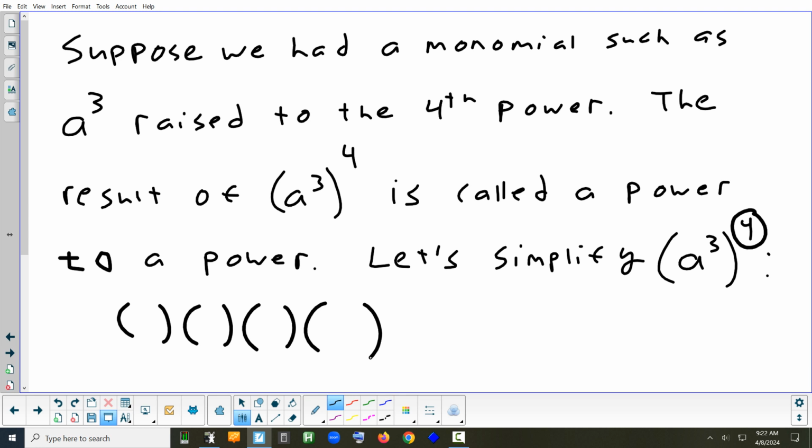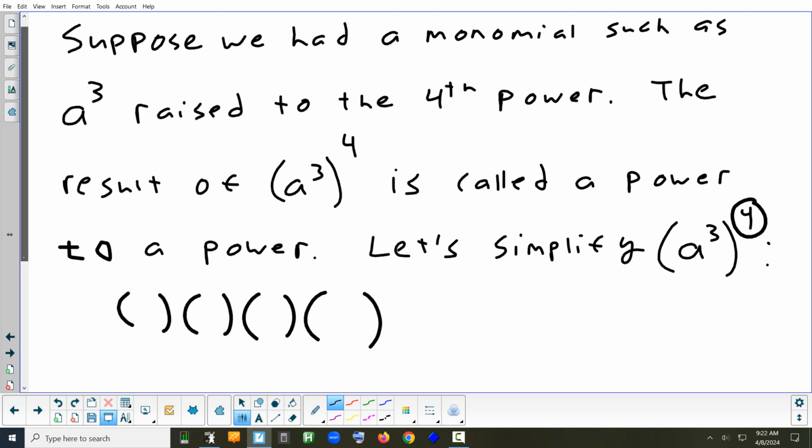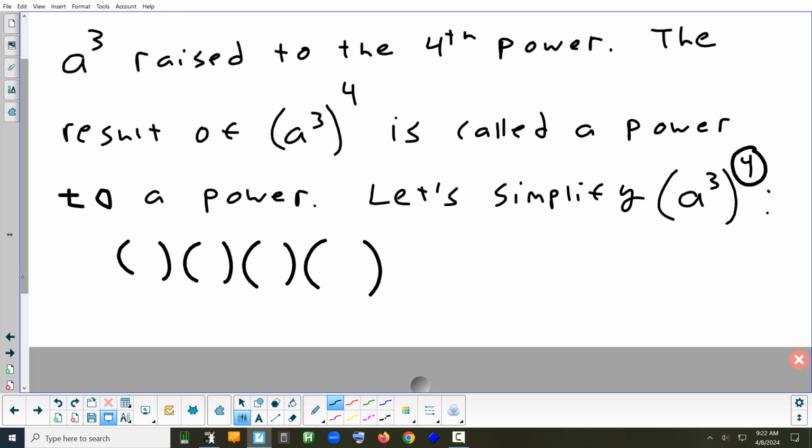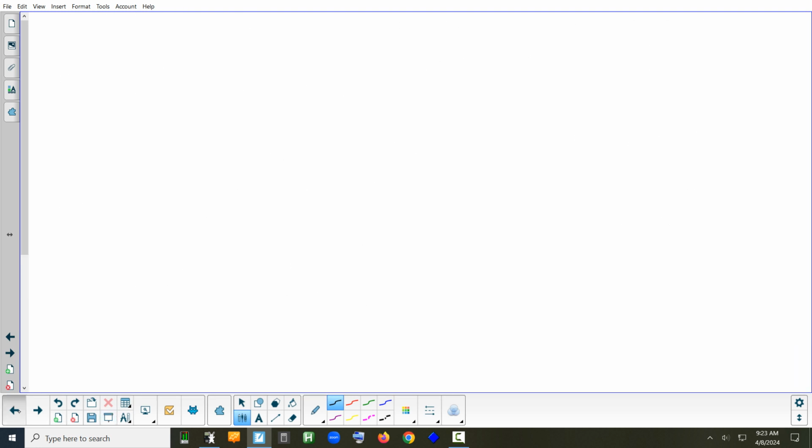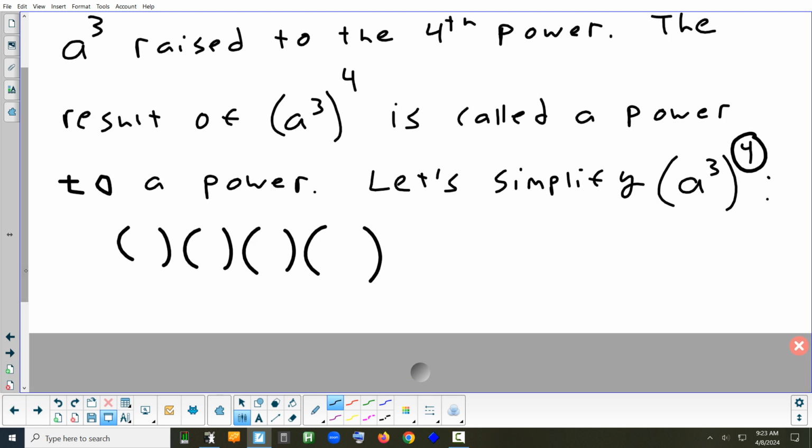What's going to go in each of those parentheses? A cubed. Right. You take whatever is below the exponent of 4, and you write it 4 times. So it's a cubed times a cubed times a cubed times a cubed. That's what this means. Any question on that first step?